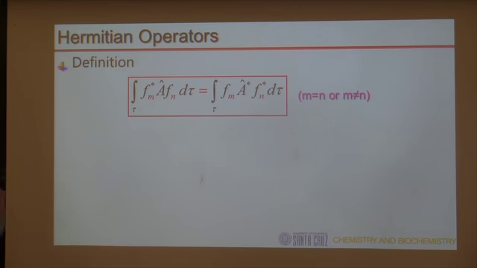Based on postulate number 2, any classical observable corresponds to a Hermitian operator. Kinetic energy, potential energy, total energy all correspond to operators which are Hermitian. And the characteristics of Hermitian operators: the first one is that eigenvalues must be real.